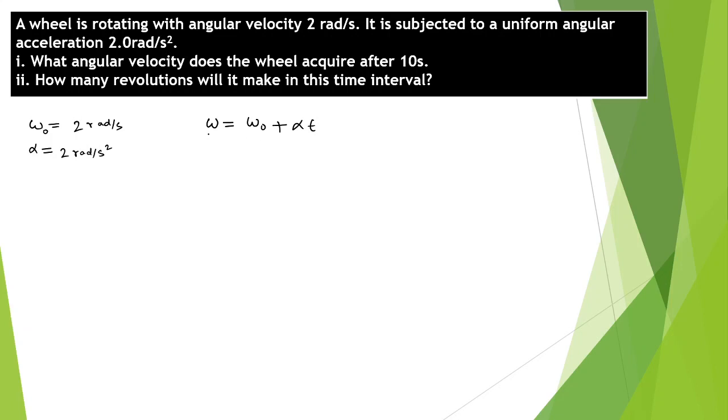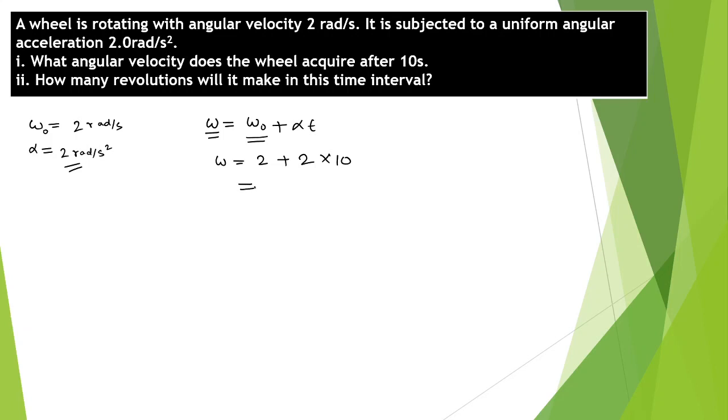Here what is omega? Omega is the final velocity after some time, that is given 10 seconds. Omega naught is the initial velocity, alpha is the angular acceleration, and t is the time. So here in this question it is given that omega naught is 2 radian per second, alpha is 2 radian per second square, that is the angular acceleration, and time is 10 seconds.